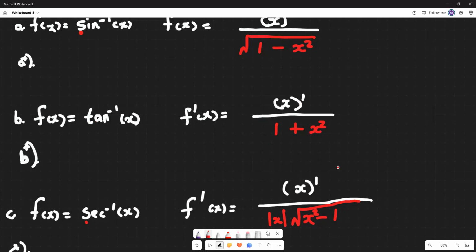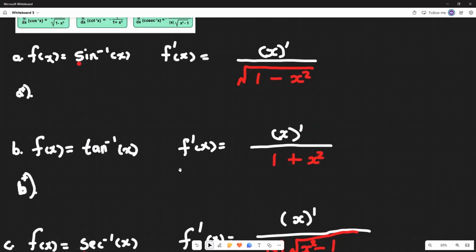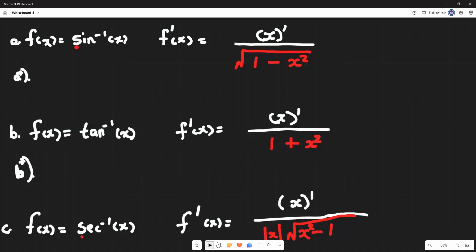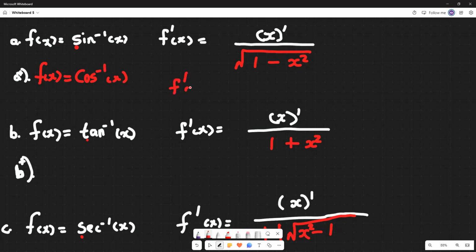Once you are done with the first three, getting the other ones is a very easy thing. I'll show you now. So we're going to replace everything with the co-function. So the new f of x for the first one will be cos, C-O-S, inverse x. And then we're going to get the derivative of that.